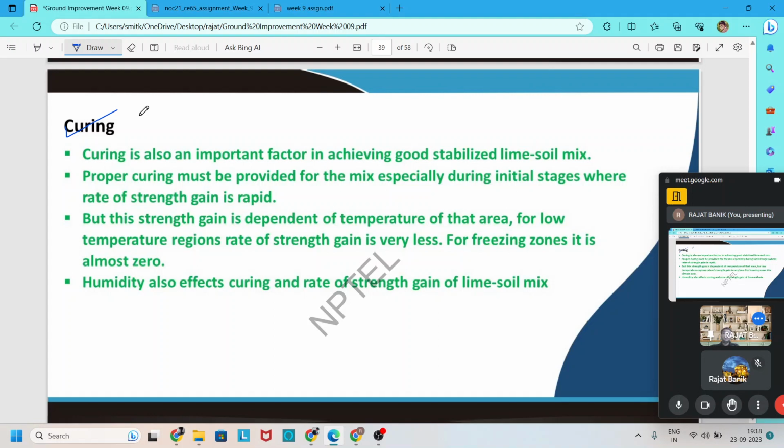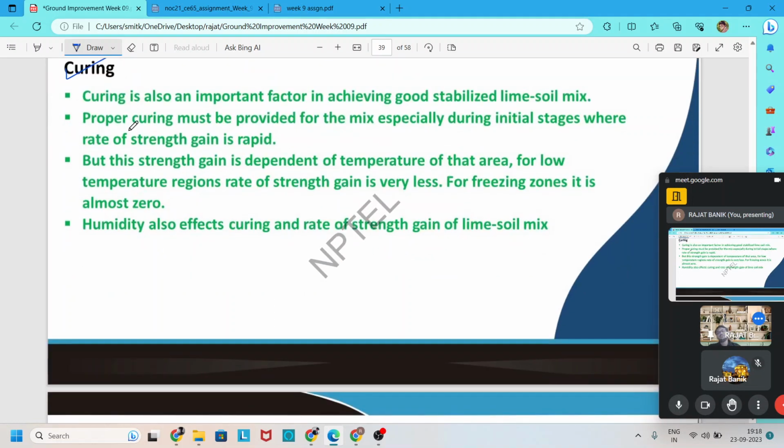So we also maintain the temperature of the surrounding soil, and it is best for applying in summer, when the temperature is above the required temperature.